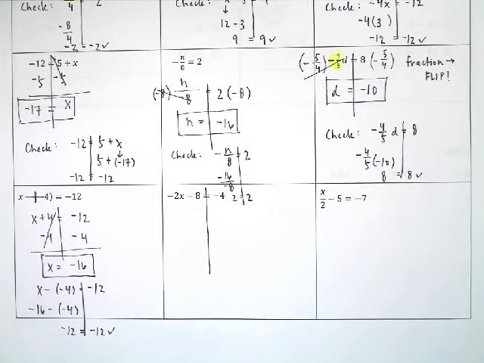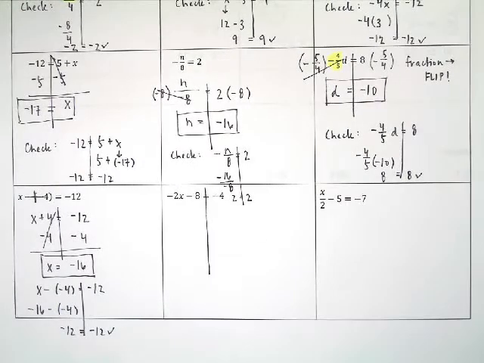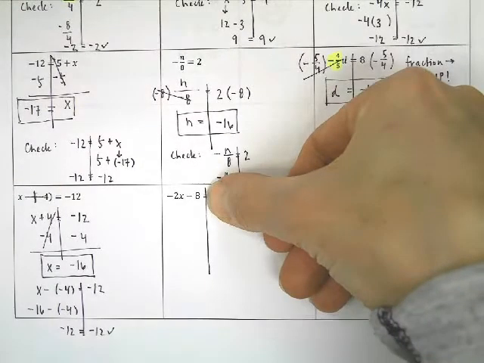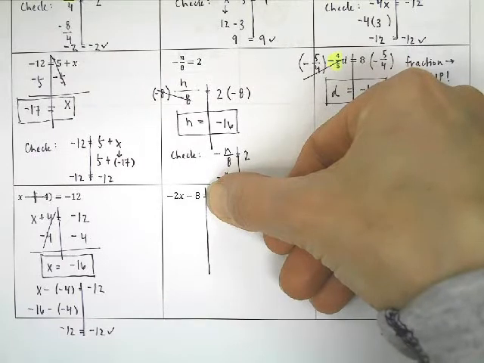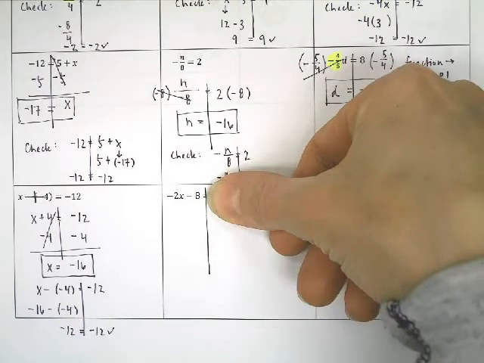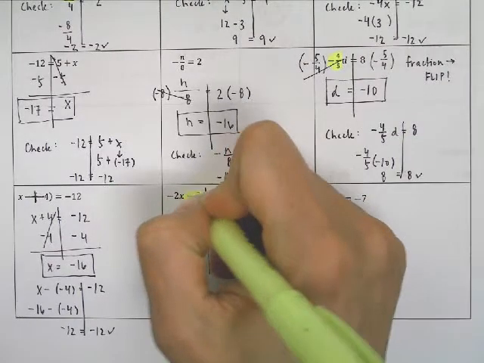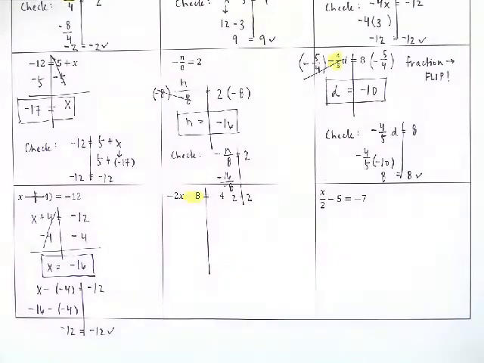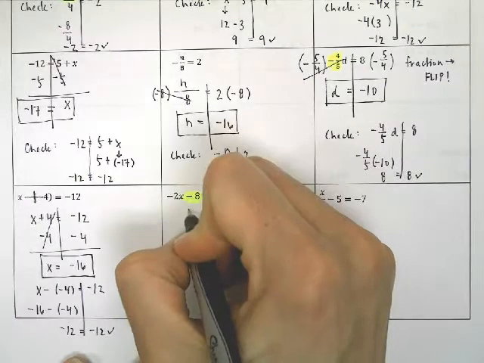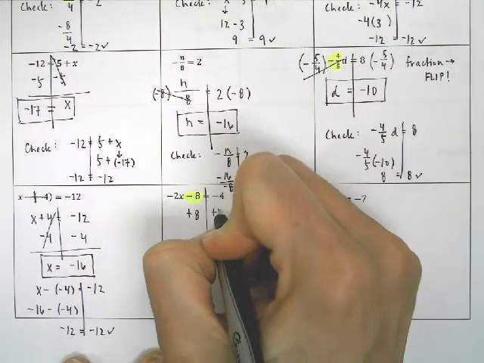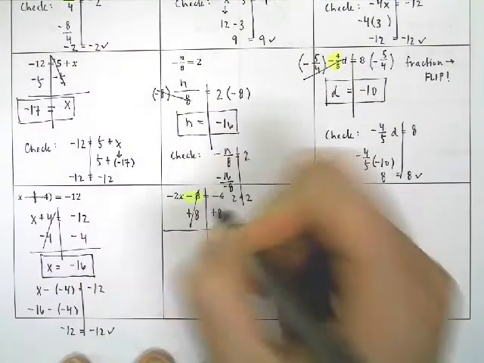Now with two steps, the really important thing is once you've found which side of the equation your variable's on, so in this case it's here, the first thing you need to do is get rid of the constant. So in this case, my constant is this minus 8. That needs to go first. So I'm going to do that just by adding, doing the opposite like we have been.